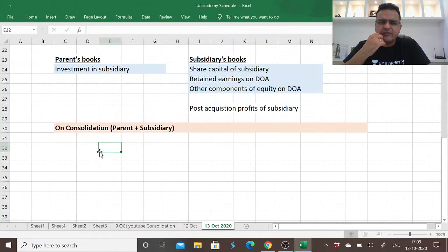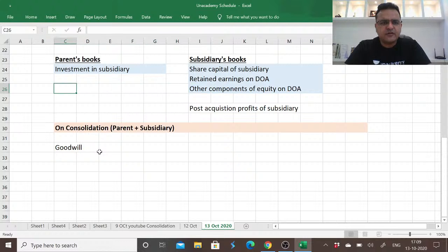And the amount which replaces is goodwill. So this is an asset of one entity indirectly and a liability of another. This is kind of a liability of the entity, which is the reason this gets cancelled on consolidation with investment in subsidiary.